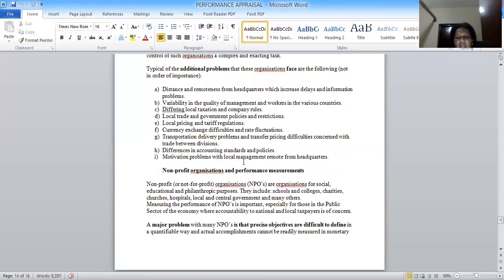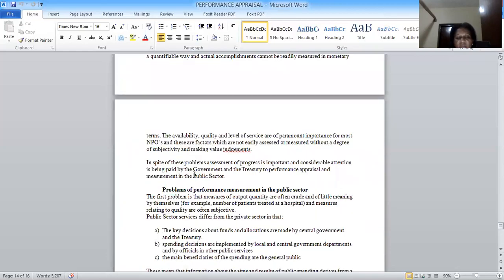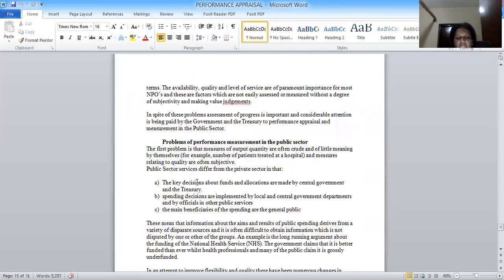I also have non-profit organizations, and these also have their own challenges. I will narrow it down to, let's say, the public sector. The public sector has its own problems so far as appraisal is concerned. Key decisions about funds and allocations are made by the central government and the treasury.